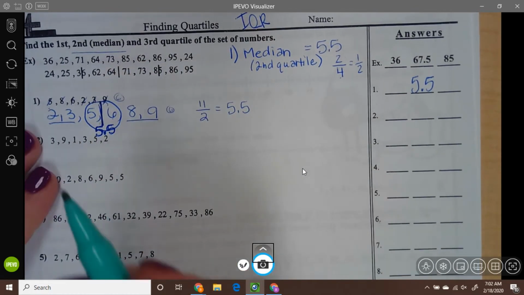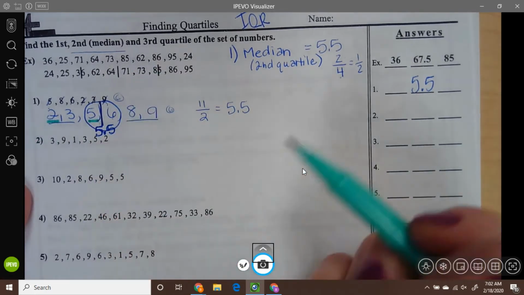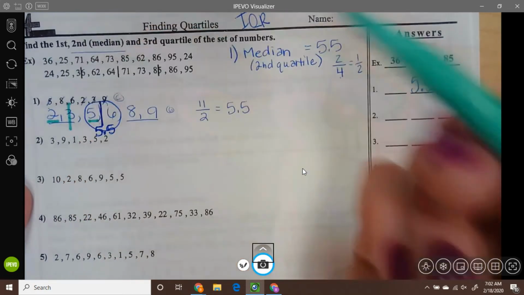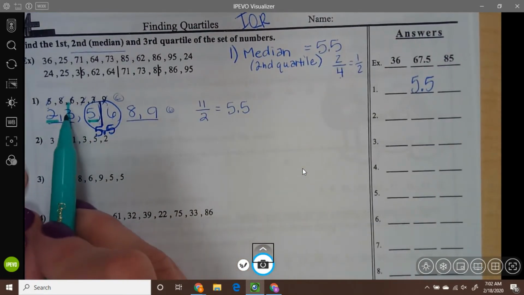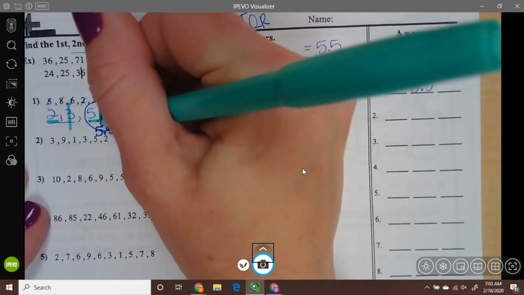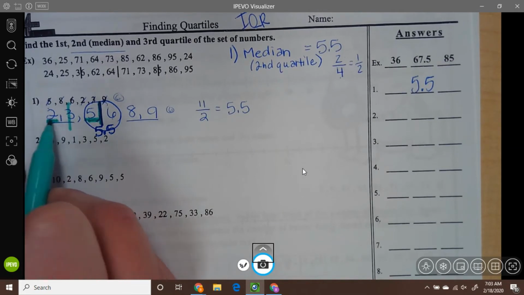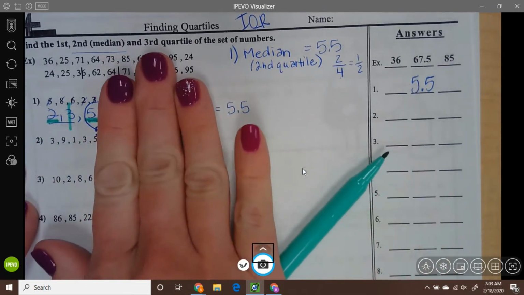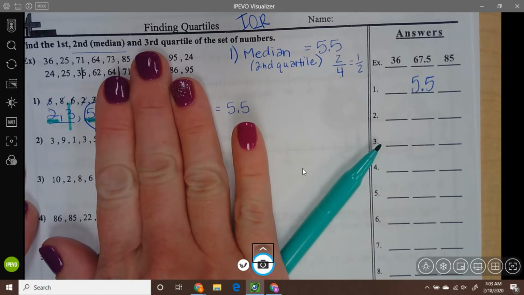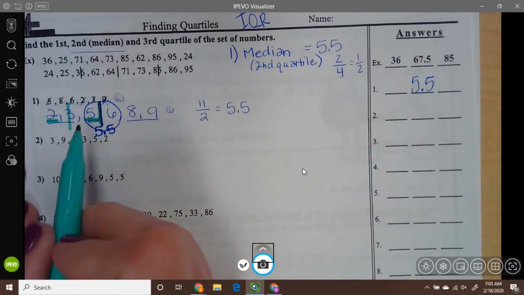Then I'm going to cover up what I have on this side, and I'm going to close in again, and I can see that my first quartile, or the quarter here, would be 3. I know that I start at this exact point, the median, and I then close in 1 on each side of that. So I essentially am just covering up and saying I start there and close in.